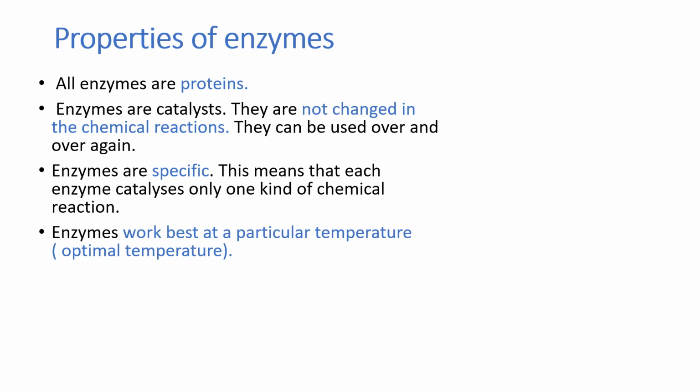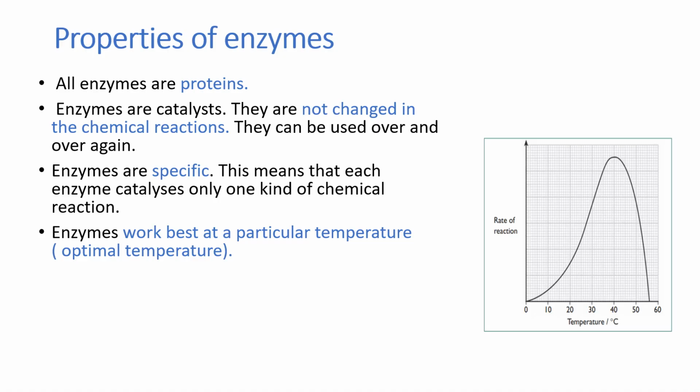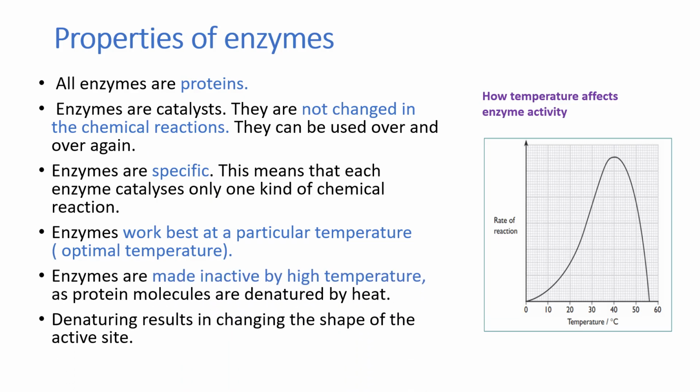Enzymes work best at a particular temperature, which is called the optimal temperature. So you can see the diagram. Enzymic activity is at its best at 40 degrees Celsius for this particular enzyme. Enzymes are made inactive by high temperature as protein molecules are denatured due to heat. Denaturing results in changing the shape of the active site.